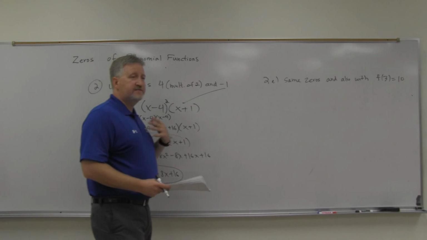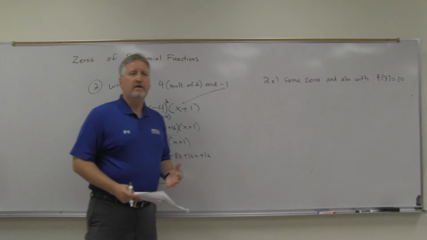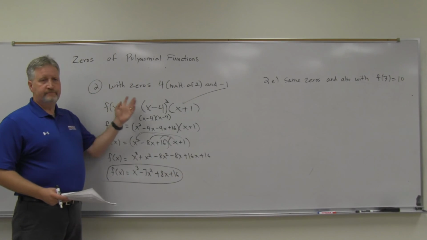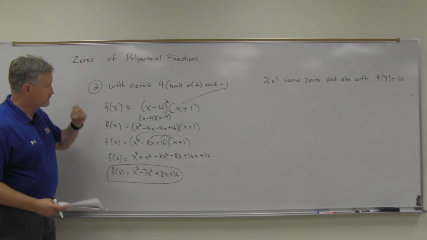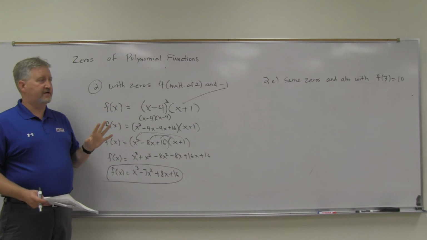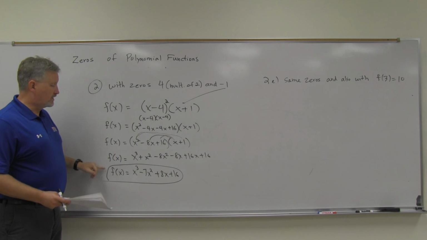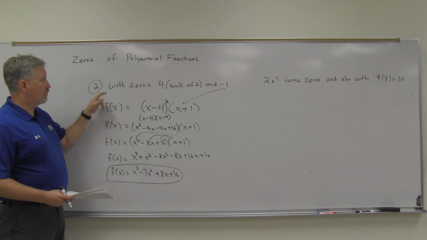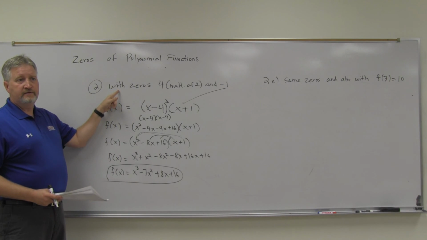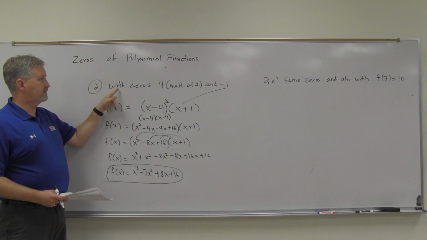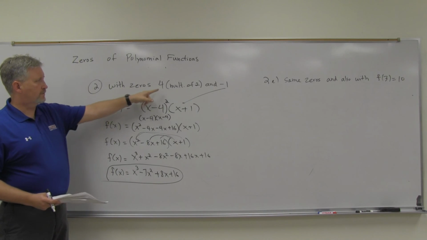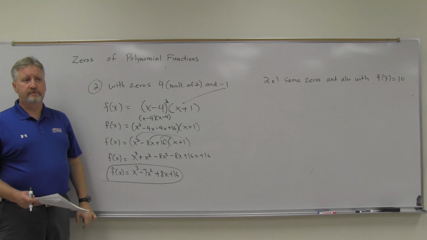Well, all right, so on the previous two, on this one and then number 1, I didn't have any other stipulation. So really, if you think about it, this is just one possibility of having zeros 4 with multiplicity 2 and negative 1.